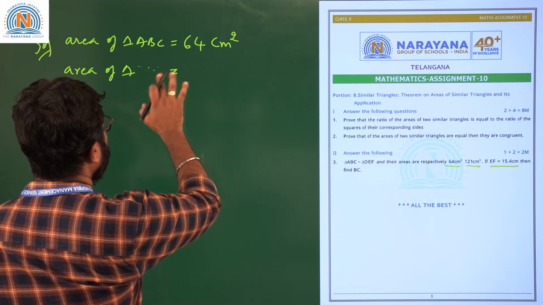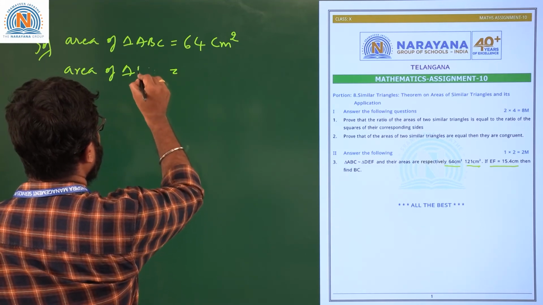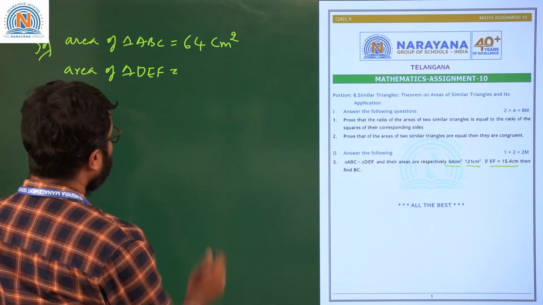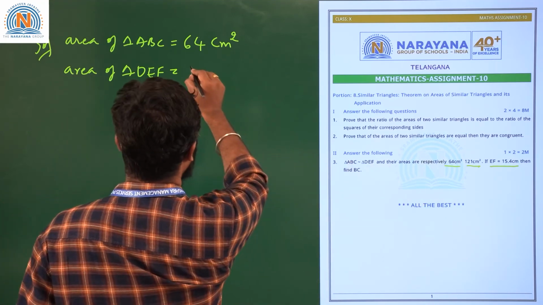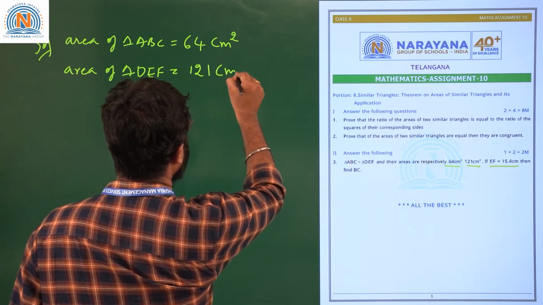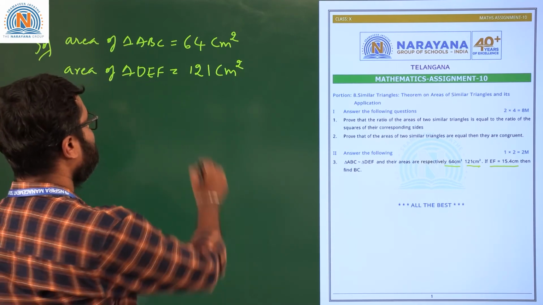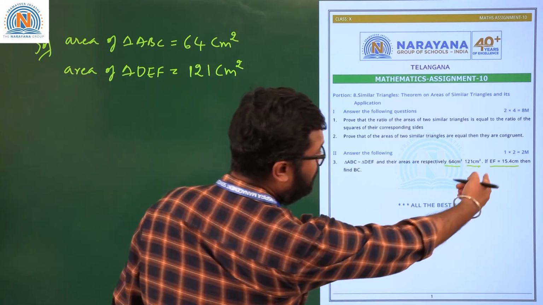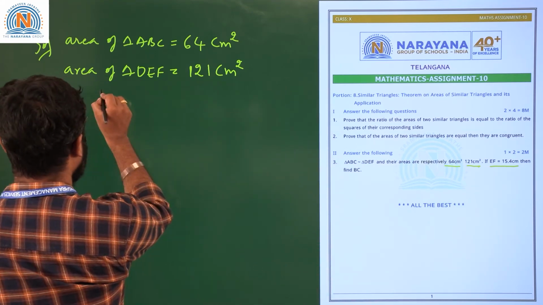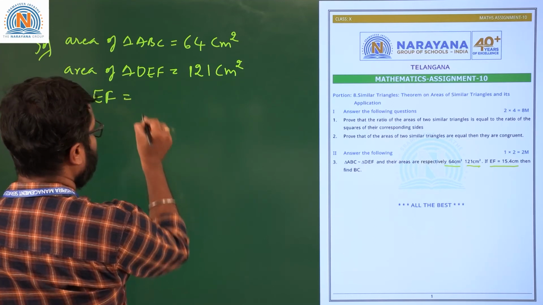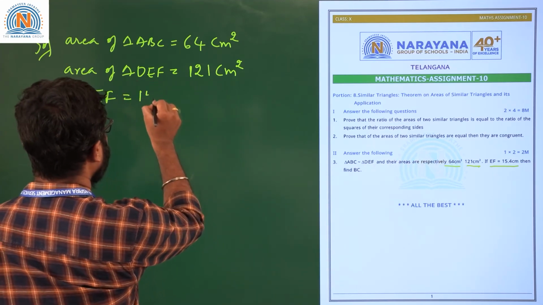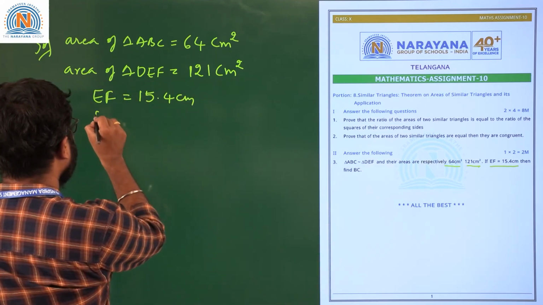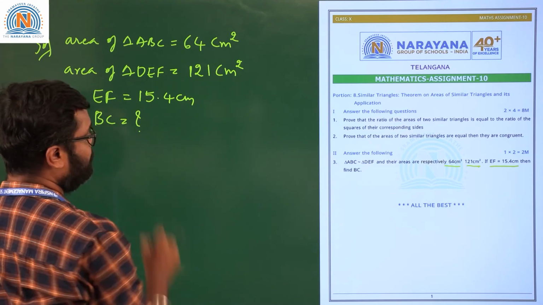So this is equal to what, children? 121 centimeter square, isn't it? Now here he has also given one side, that is EF. EF is equal to what, children? 15.4 centimeters. So find BC. We need to find BC is equal to what?